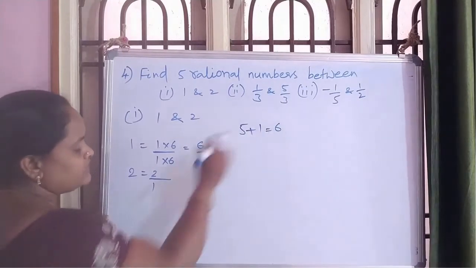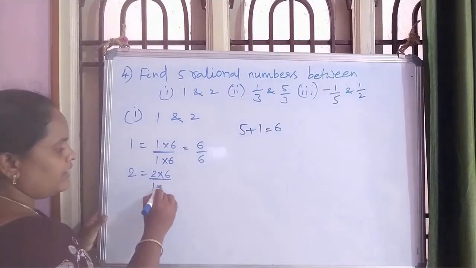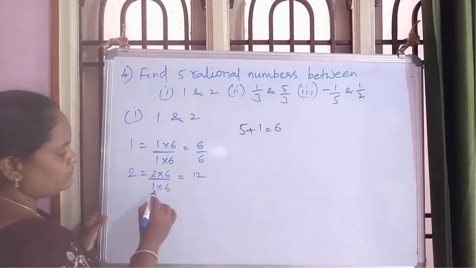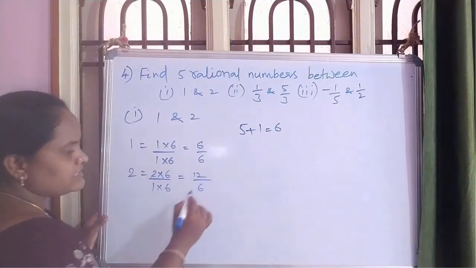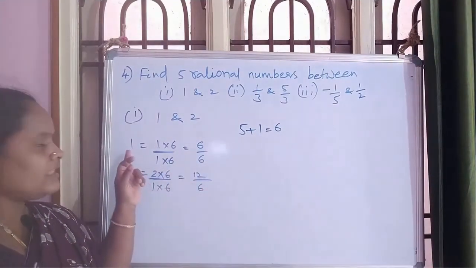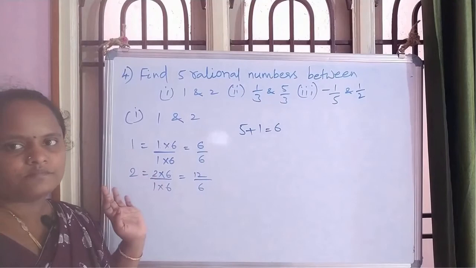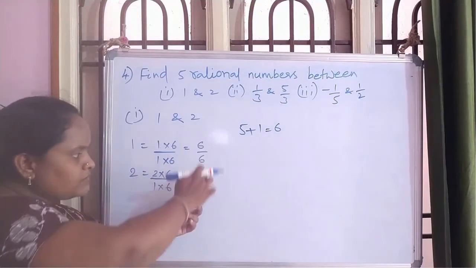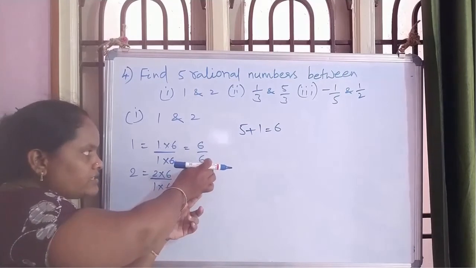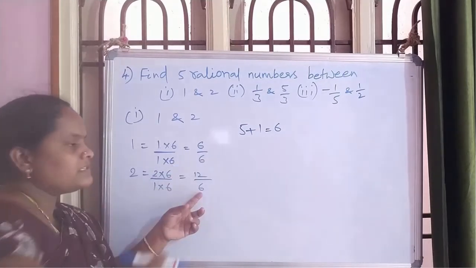With the same 6, I multiply in the numerator as well as in the denominator. 2 into 6 is 12, 1 into 6 is 6 in the denominator. So 6 by 6 and 12 by 6 are the other forms of 1 and 2. These other forms will help us find the rational numbers in between 6 by 6 and 12 by 6.